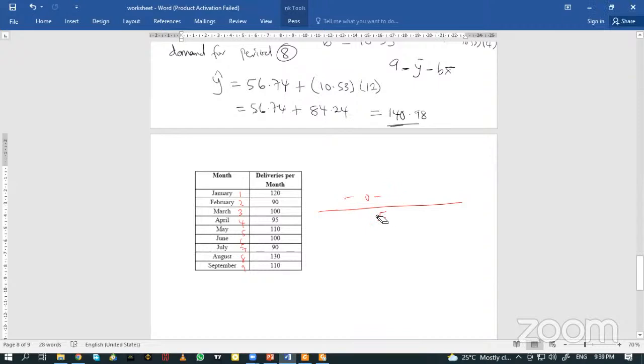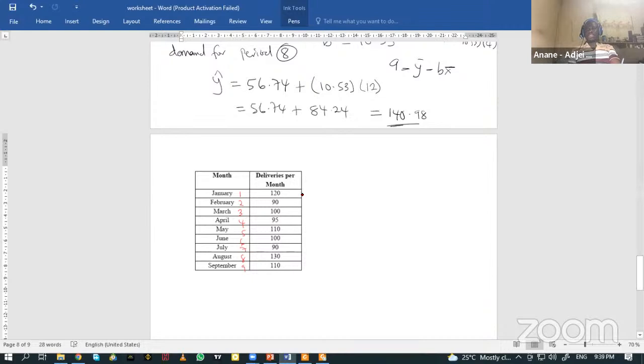Yes, please. Are you following? Yes, please, I'm here. So as soon as it says 3 months, it means we will need 3 months figures to do the calculation. So we will need January. And the question even stated that compute a 3 month and a 5 month moving average for the months 4 through to 9. So we are starting from the 4th month all the way to the 9th month here. Okay. So to get the 4th month, we will need the 1st, the 2nd, and the 3rd month together.